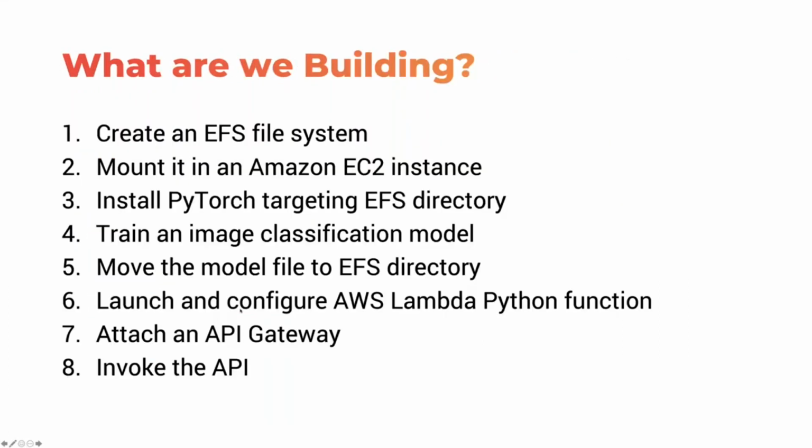Now, the second part starts by launching and configuring an AWS Lambda Python function. So as we launch this, we're going to do a couple of things. First, we will mount the EFS directory within the Lambda environment so that it becomes available to our Python function, and PyTorch and the model become available to the Lambda function.